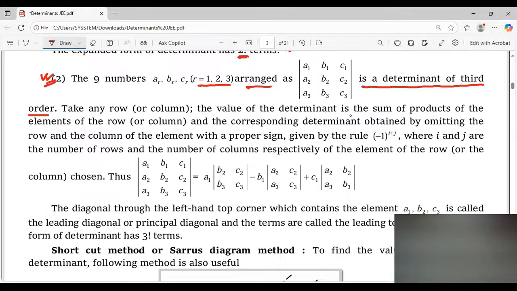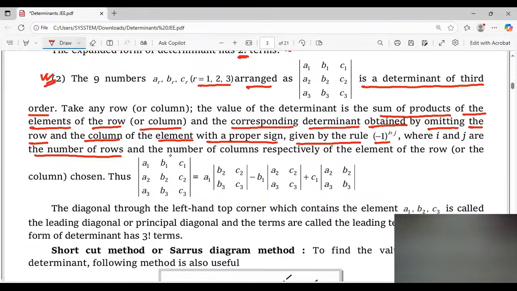The value of the determinant is the sum of products of the elements of the row or column and the corresponding determinant obtained by omitting the row and column of the element, with a proper sign given by the rule (-1) to the power i+j, where i and j are the row number and column number respectively of the element of the row or column chosen.